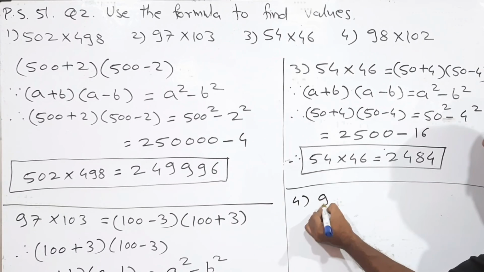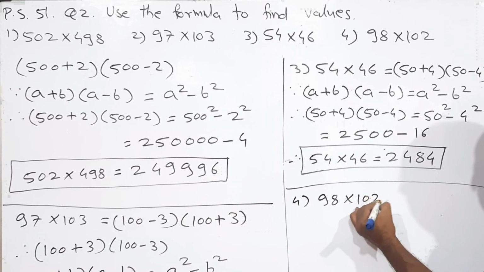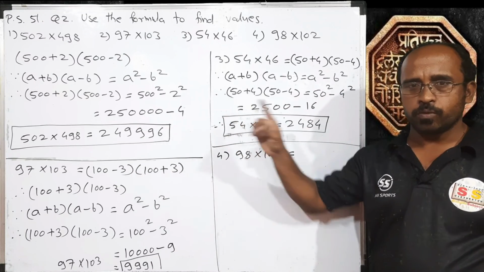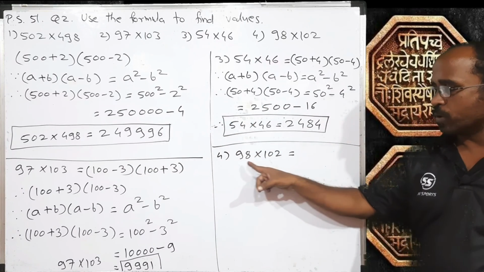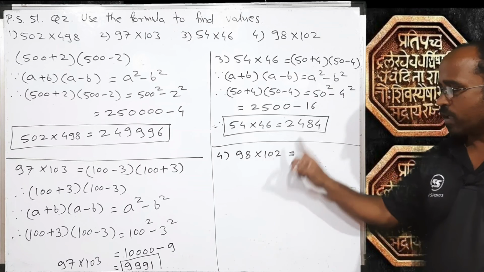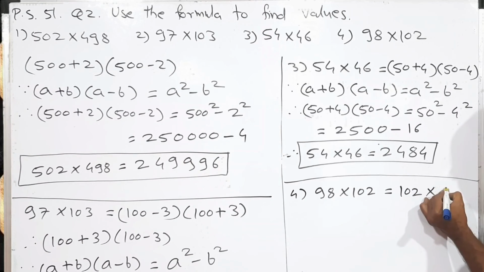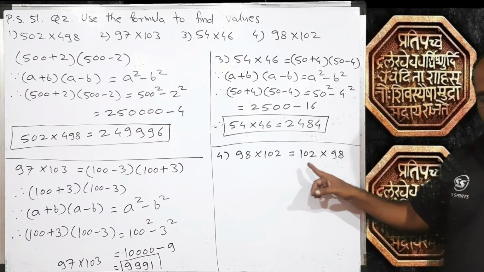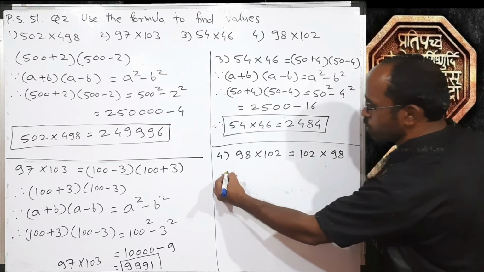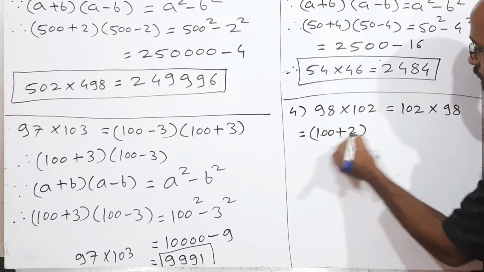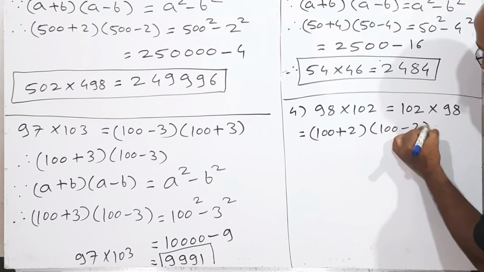Fourth question is 98 multiplied by 102. We want it in the form of a plus b into a minus b. So 100 plus 2 into 100 minus 2. So let's write it as 100 plus 2, 102 multiplied by 98. Right? Now we can convert it as equals to 100 plus 2 multiplied by 100 minus 2.